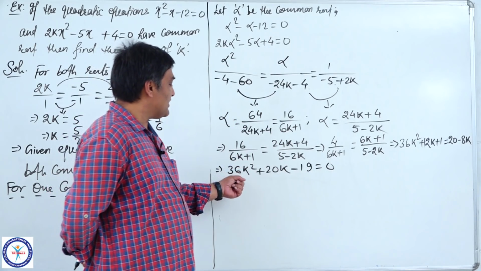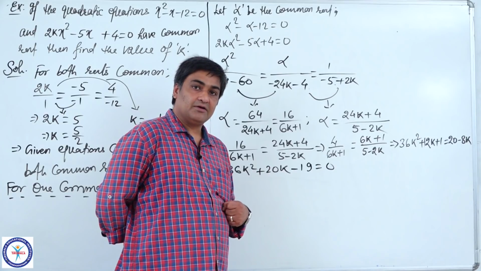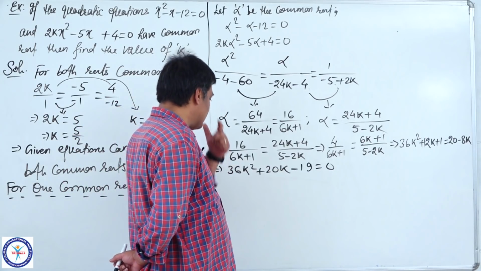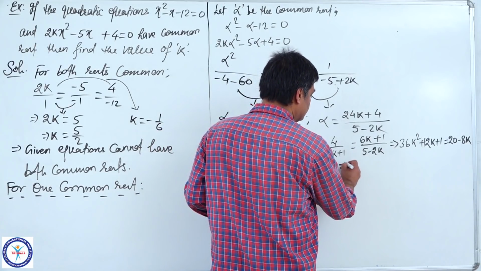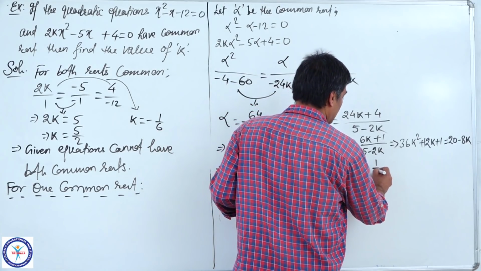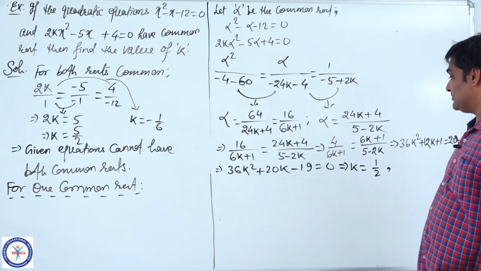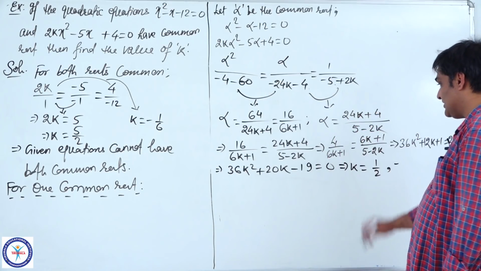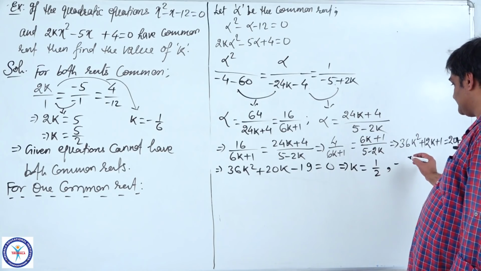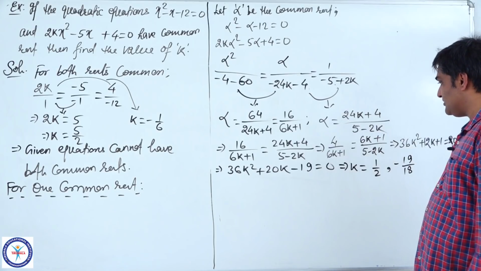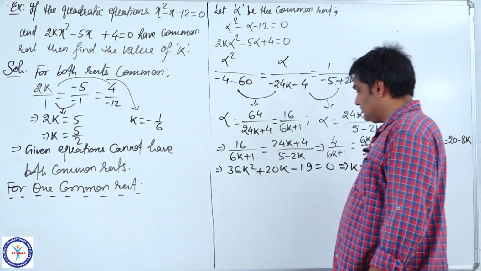This is a quadratic equation in k. So the roots are 1 by 2 and minus 19 by 18.